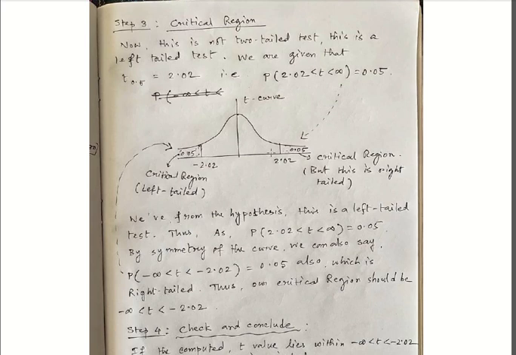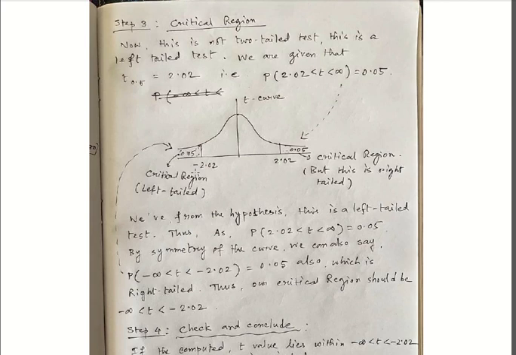By the symmetry of this curve, this portion and this portion are equal, and this portion value is given, so by symmetry we can say minus infinity to minus 2.02 is also 0.05, meaning 5% level of significance.